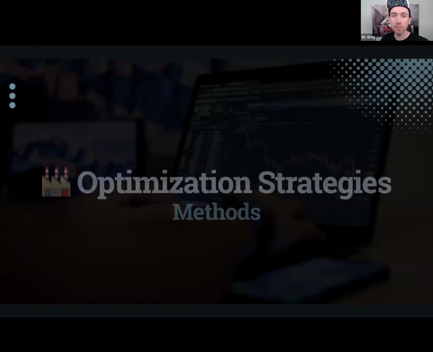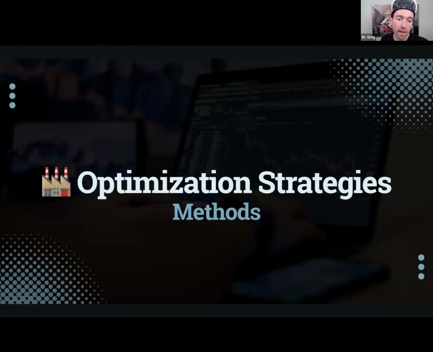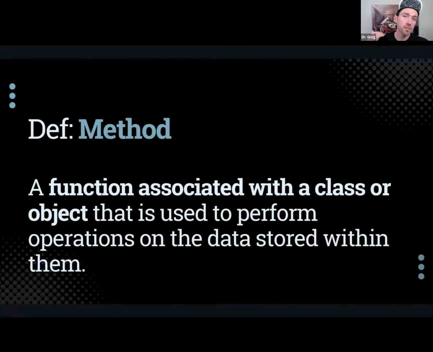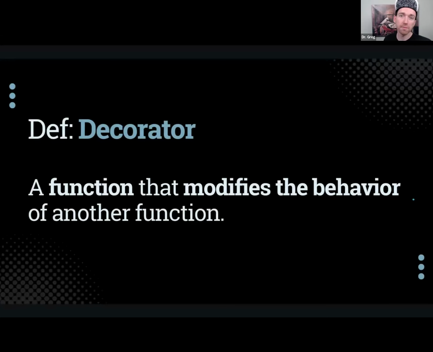The other thing you'll notice, especially for those of you less familiar with Python, is some specific Python syntax. You'll notice methods, which are functions associated with classes or objects. And you'll notice decorators, sort of the function within a function.